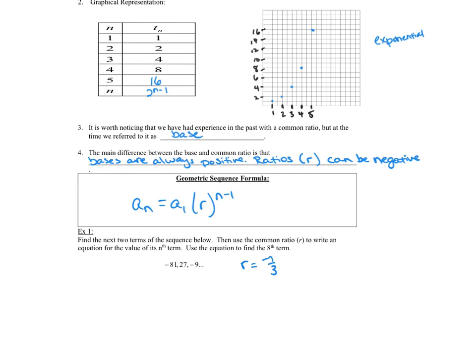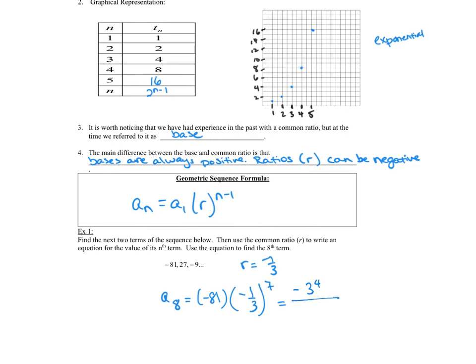So then we can use this formula and say that A sub 8 is equal to A1, so negative 81, times our R value of negative 1/3 to the 8 minus 1, or 7th. Without a calculator, we need to remember that negative 81 is negative 3 to the 4th, or the opposite of 3 to the 4th.